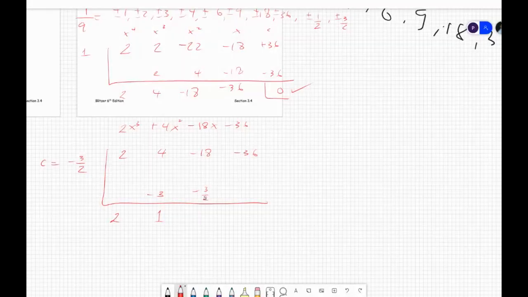So negative 3/2 times 2 here is going to be negative 3. Here you have 1. And then you have negative 3/2. And then we add this, we get negative 19.5. And then we can multiply these two.